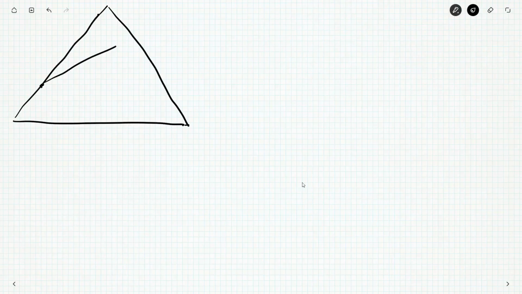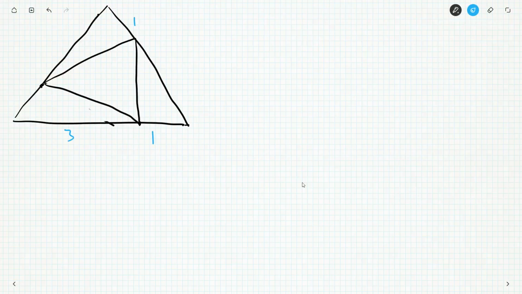I think probably the easiest thing to do would be to use some trig, because we've got an angle there, and we certainly have some length, so we could use something like the sine law or the cosine law. One, 3, 1, 3, 1, 3. 60, 60, 60. Here's a 60, here's a 60, here's a 60.